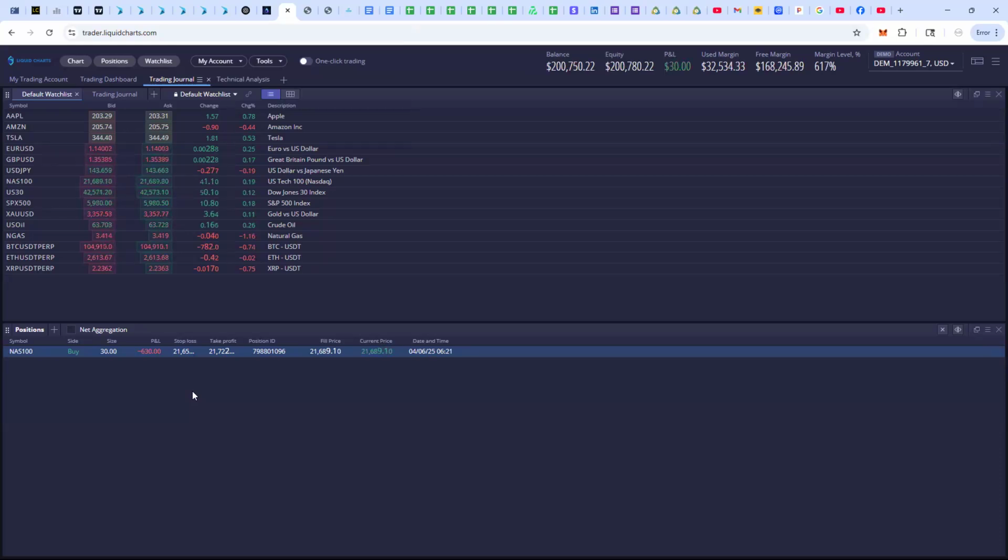Let's see which way it's going. Okay, it's moving and grooving here, and it looks like it's stalling out around 4,000.